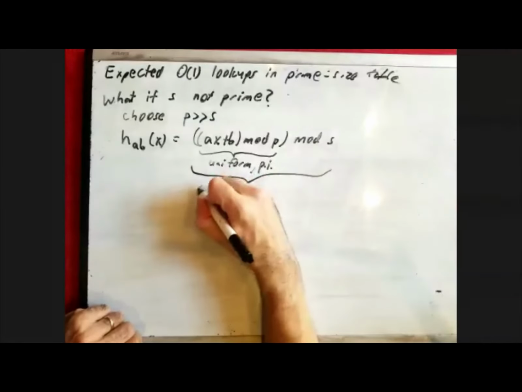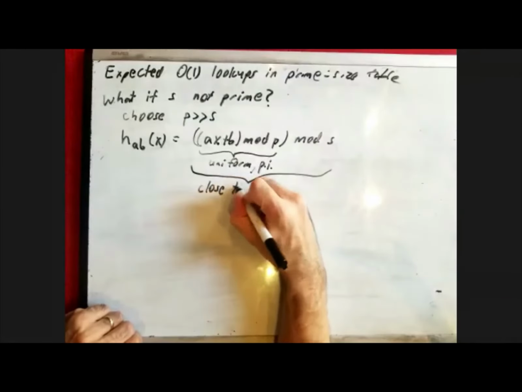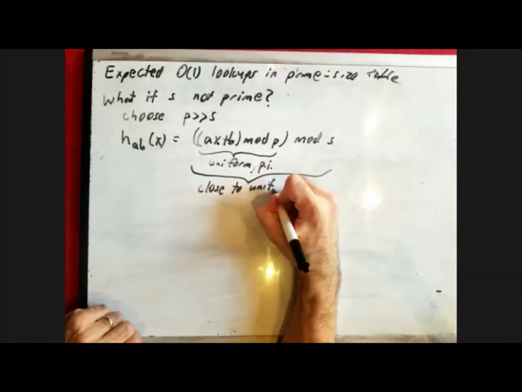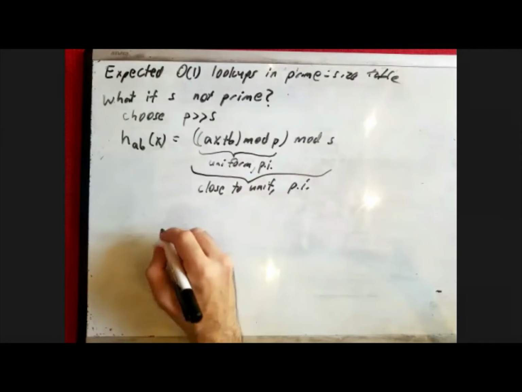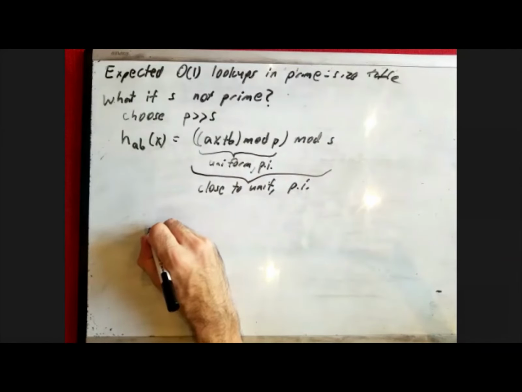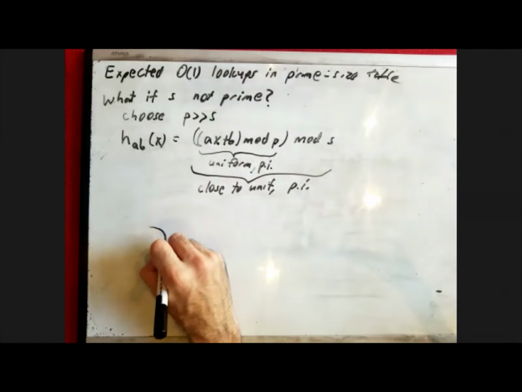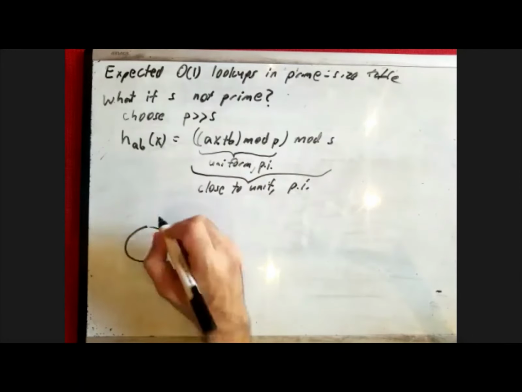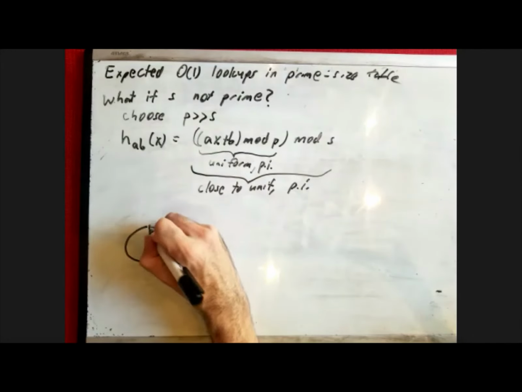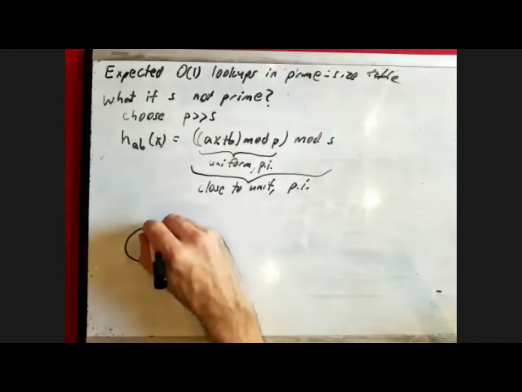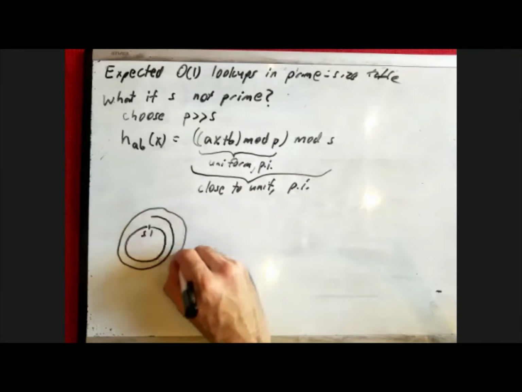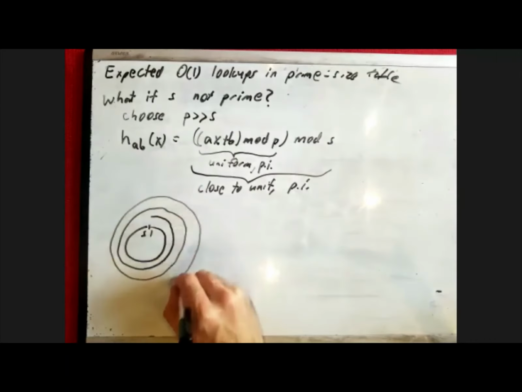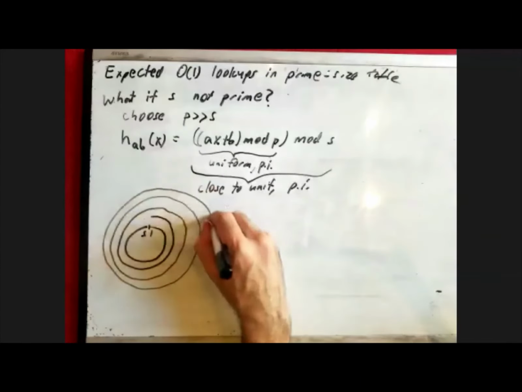And I'll show you that in a picture in just a sec. And still pairwise independent. And the way to see that pictorially is that I can take my table of size S and think of it as a ring. And now my table of size P can just be thought of as wrapping around and around this ring.